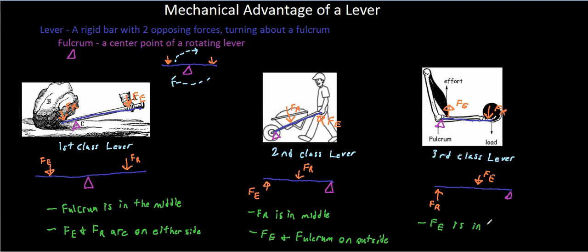FE is in the middle, which means, by definition, FR and the fulcrum are on the outside. Now that we've defined the different types of levers, hopefully in the next couple of videos we can start figuring out how to calculate the mechanical advantage of each type of lever.